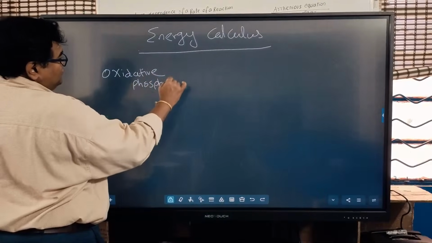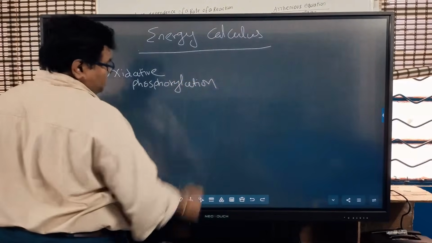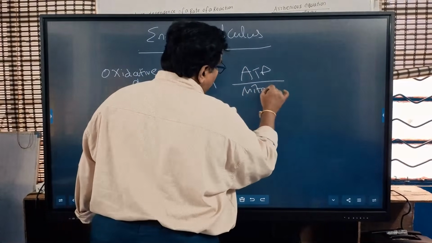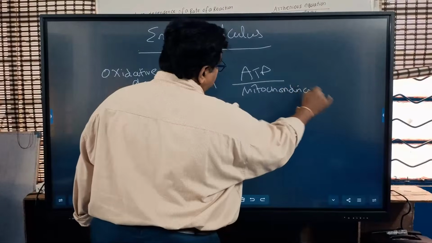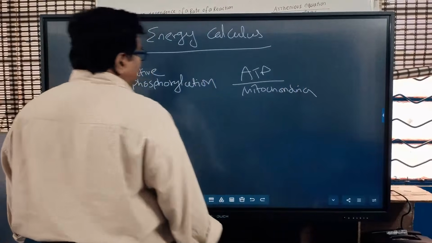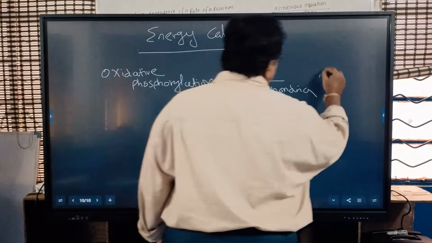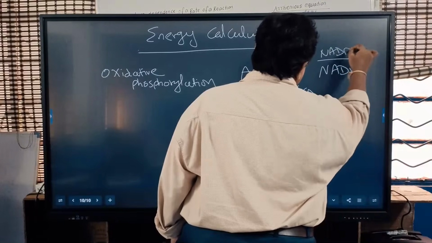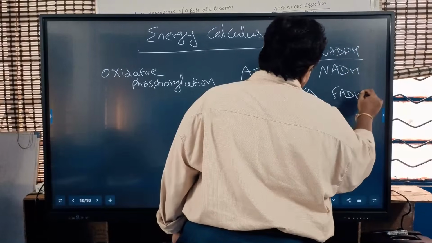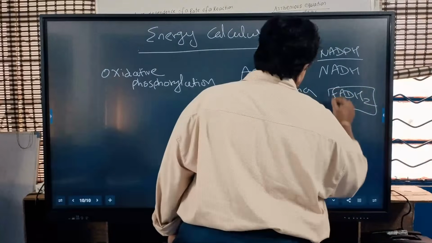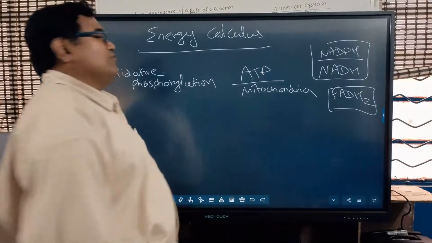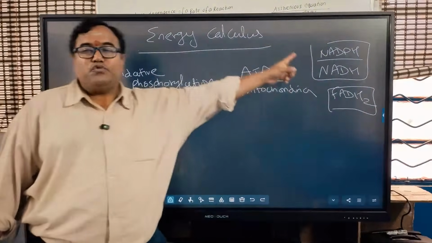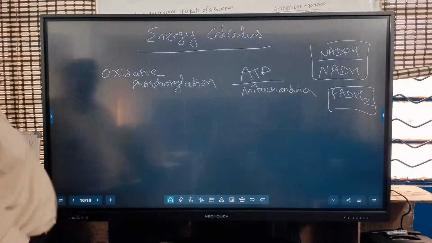Oxidative phosphorylation means formation of ATP in mitochondria alone, with the help of NADH or NADPH and FADH2. Formation of ATP in oxidative phosphorylation happens because of only these two. That is called oxidative phosphorylation.